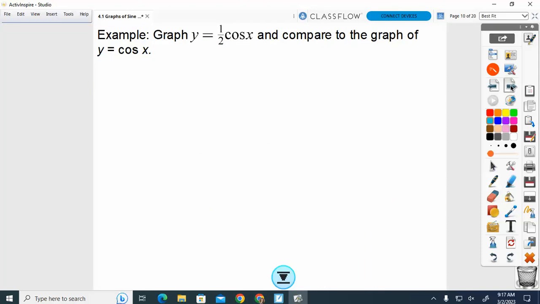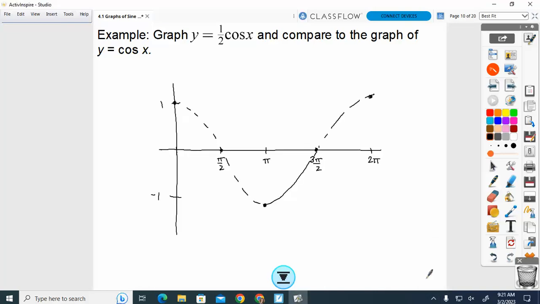So why don't you see if you can figure out what 1/2 cosine would look like. This black line represents the regular cosine that we've already graphed. So when I want 1/2 cosine x, all that's doing is multiplying by a half.